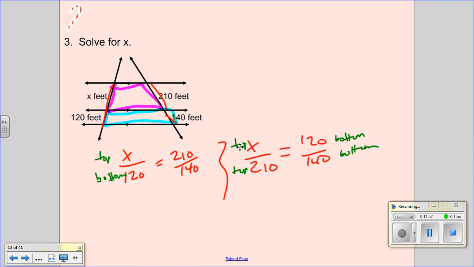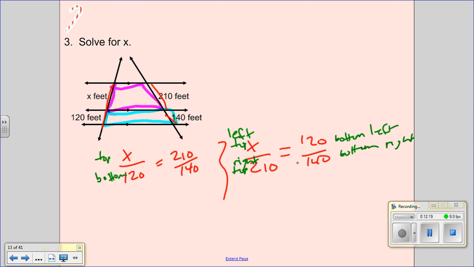But also notice I did top left and then top right. And then I did bottom left over bottom right. So basically my two lefts are at the top, my two rights are at the bottom.